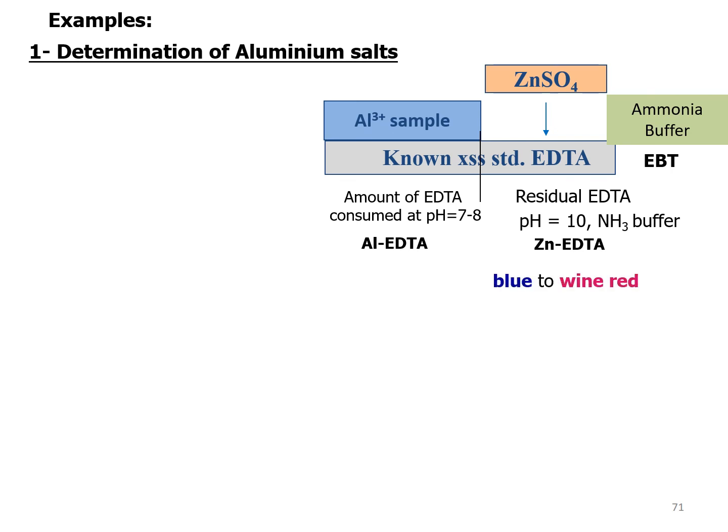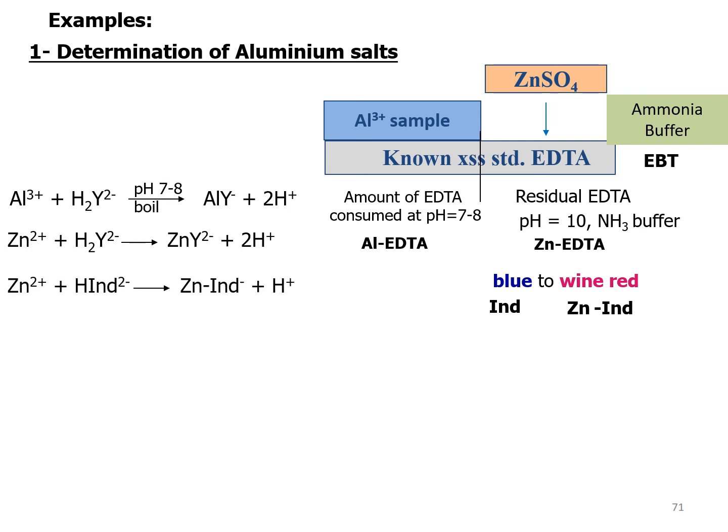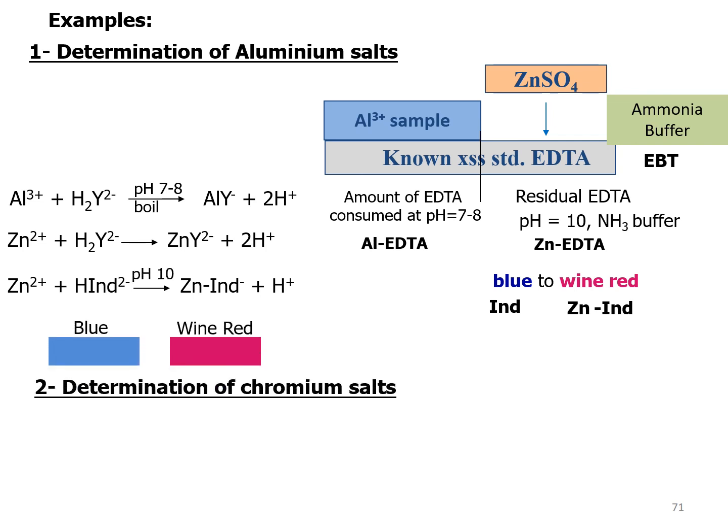At the end point, the EBT is turned from blue to wine red, the indicator from the free form to the metallized form. This reaction resembles what is happening: aluminium and EDTA giving aluminium EDTA, zinc and EDTA giving zinc EDTA, and the first drop of excess zinc will react with the indicator, giving the zinc indicator complex, wine red.